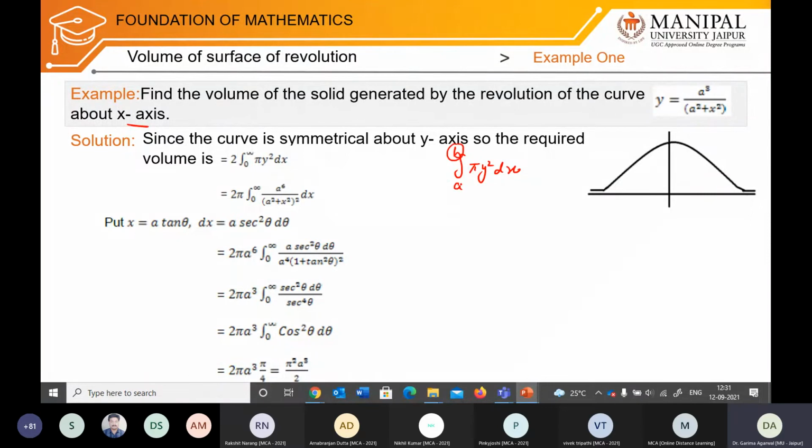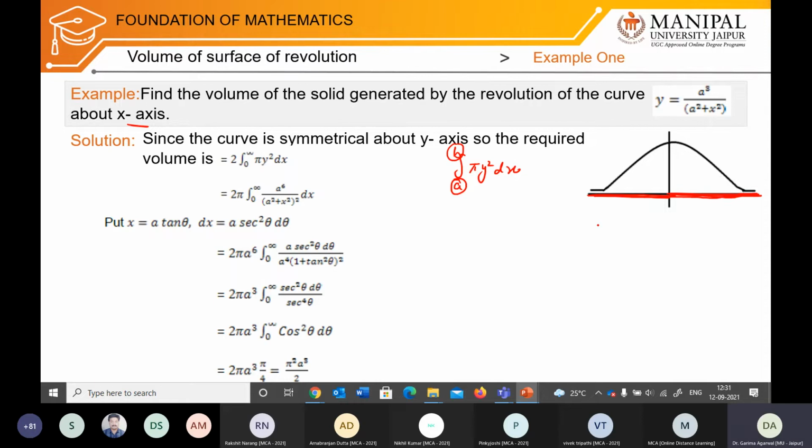Now we need to put the value of a and b. So this is our curve, y equals a cube upon a square plus x square. Now it is revolving about x-axis, right? This is our x-axis. This whole axis is known as x-axis. Clear?